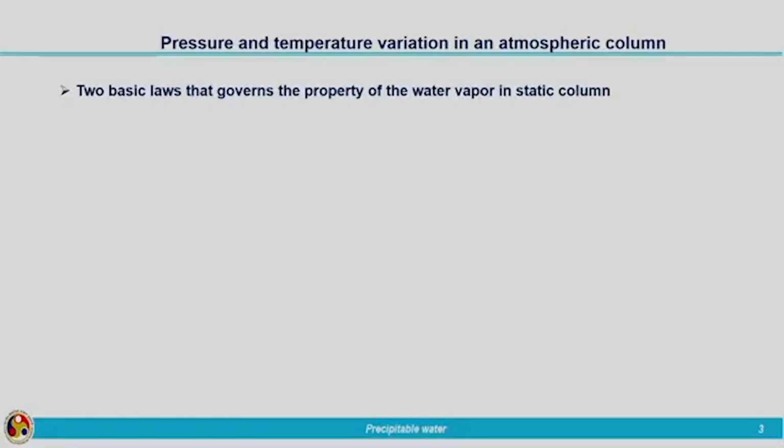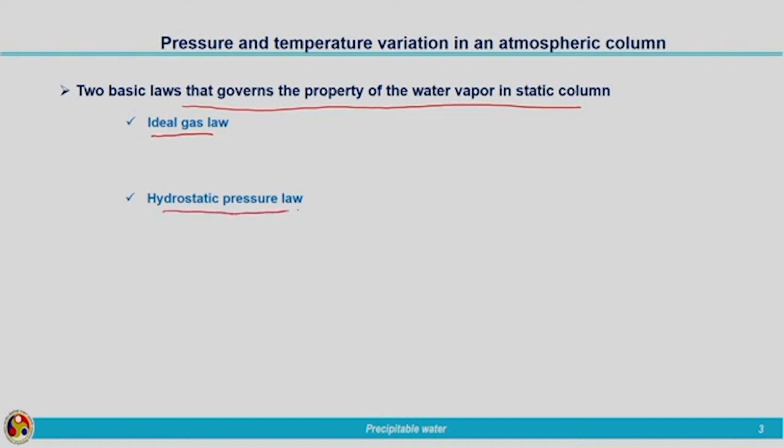For that, we need to have an understanding of two basic laws. These two basic laws we have already studied, that is, the basic laws that govern the property of water vapor in a static column. First one is the ideal gas law and second one is the hydrostatic pressure law.